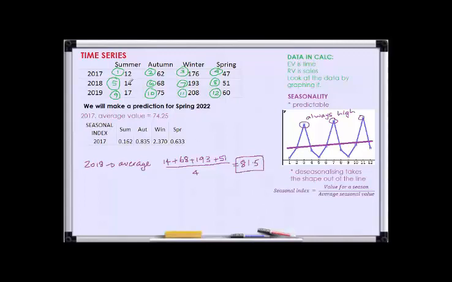So that means I need to divide each of these numbers by 81.5 for 2018.